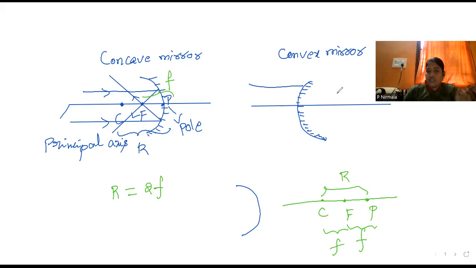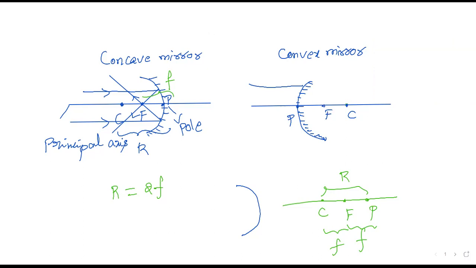Now come to the convex mirror. The convex mirror also has a center of curvature, focus point and pole. But on the side where the light is incident, we don't have the center of curvature and focus. They are behind the mirror.